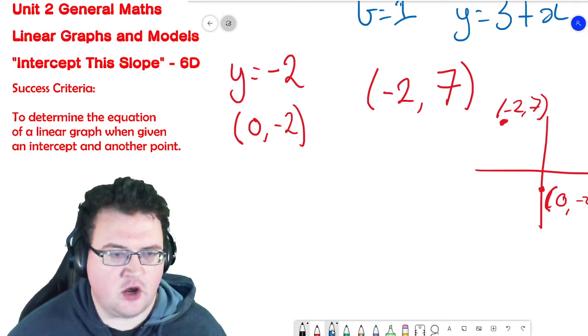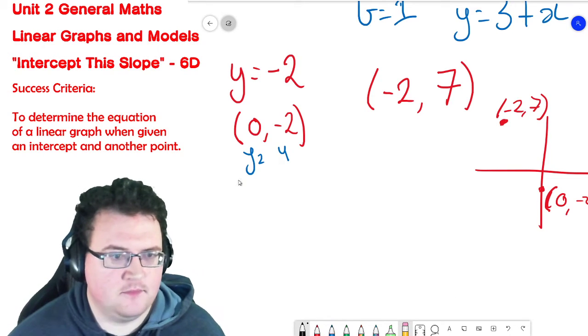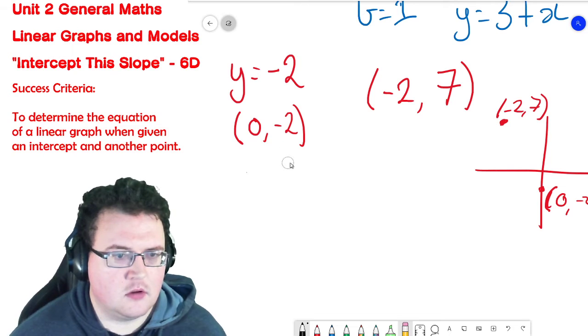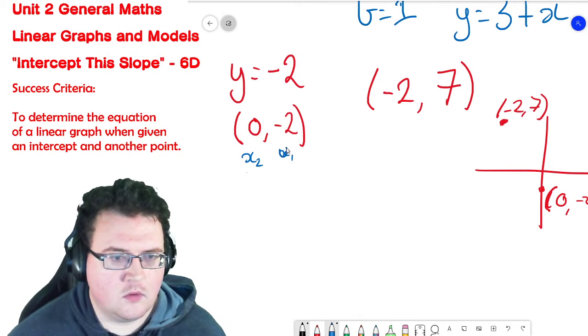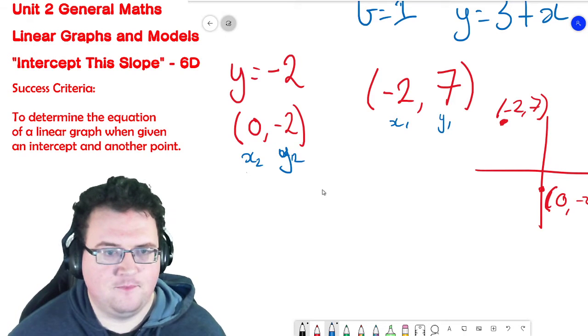Therefore, this one is going to be x2, y2, and then this one is going to be x1, y1.